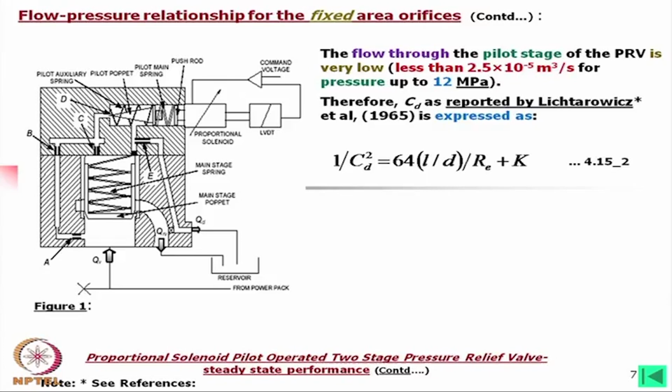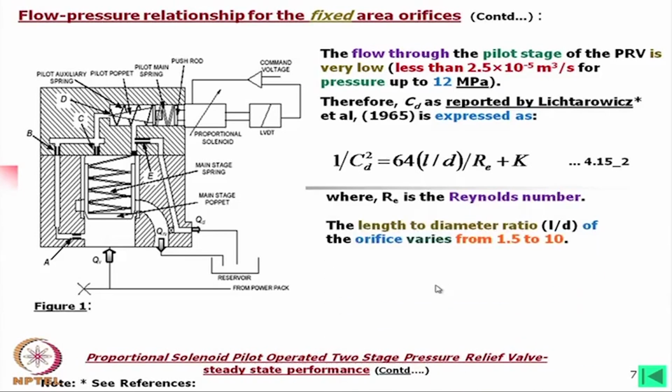Through some experiments he proposed this one, and we have also examined it and found that this is really suitable for finding out the orifice characteristics here. L is the length of the orifice, and D is the diameter of the orifice. This is in the range of 0.5 millimeter or even less. RE is the Reynolds number, which we have already known.